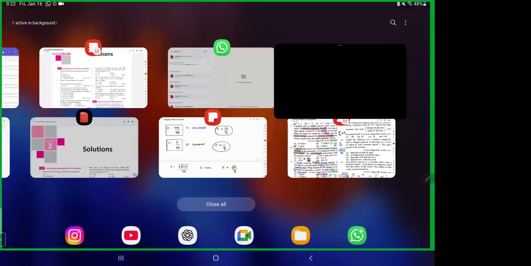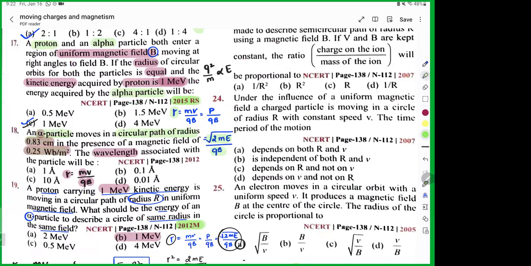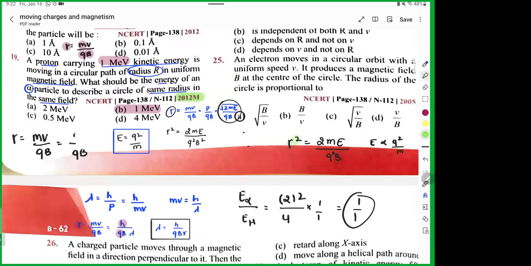For example, in one question you got a new concept where you have to calculate wavelength. But we recently finished dual nature of matter. We know lambda is equal to h by p. This is possible only when you know the other chapter also. That's the thing about physics. If you don't understand the basics, whatever you do, you can't. If you are not sure how to correlate with the de Broglie wavelength, it will be difficult. If you know it, it will be the easiest thing.